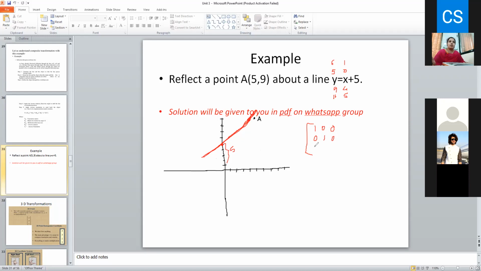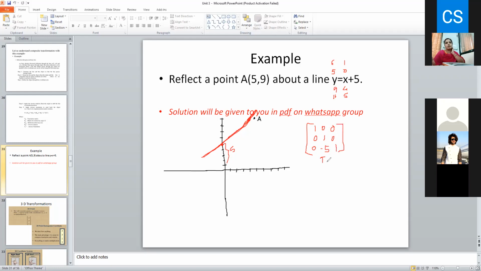Now there is no need to change x, because x is already 0 and y is 5. So there is no change required in x, but y needs to be moved down by 5 units. So this is your T translation matrix.